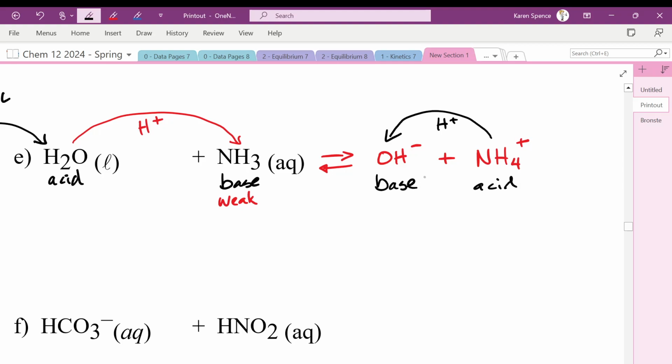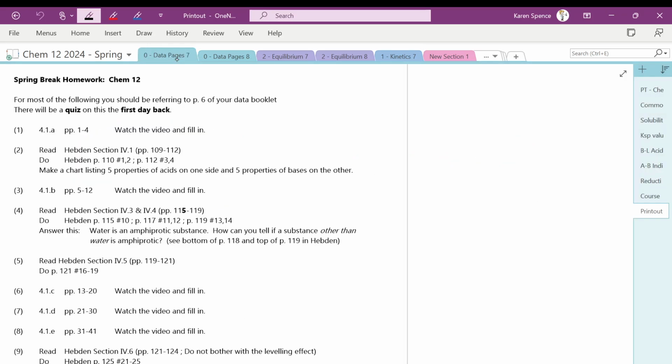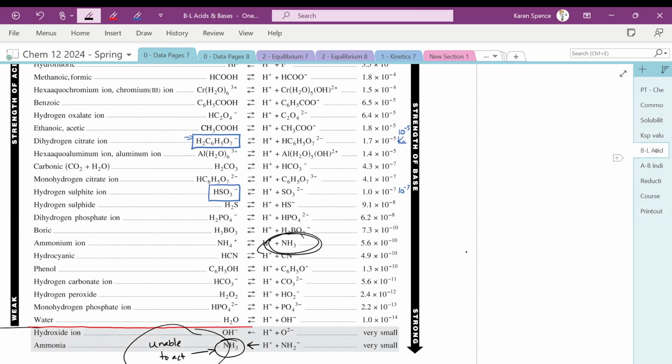So now we have to say to ourselves, who is stronger? We're going to compare. I like comparing acids because it's easier. So let's look at water and NH4 and figure out who is the stronger acid. Where are we? There we are. Oh, look.